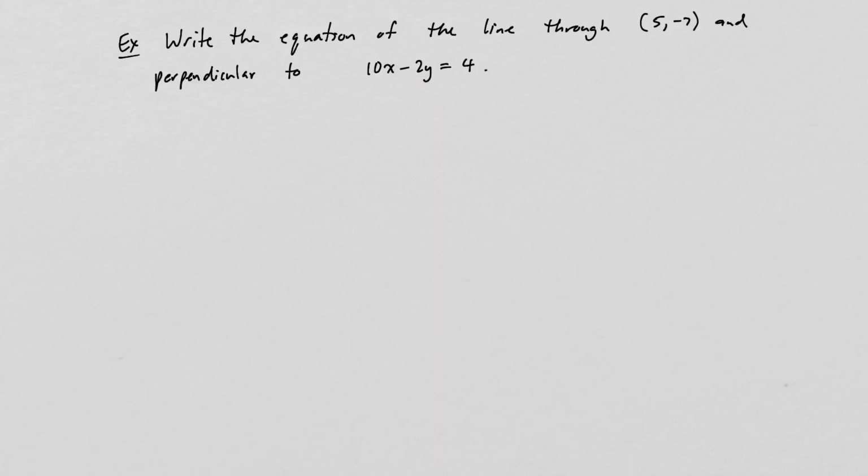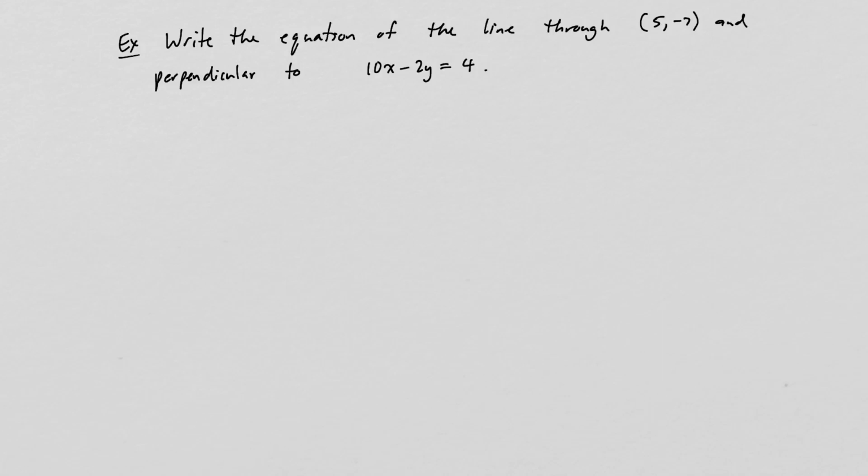So this is a little bit different because you're not given 2 points to find the slope, and you're also not given the slope of the line. So what we need to do is find the slope of the perpendicular line, and once we have that slope, then we can find the slope of our line by knowing that it's perpendicular. So I know that might sound a little bit confusing.